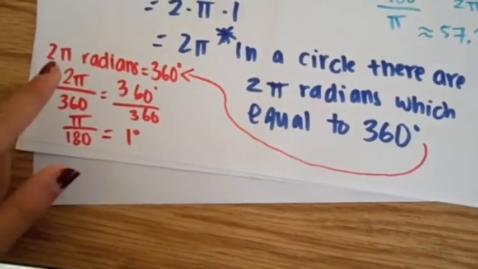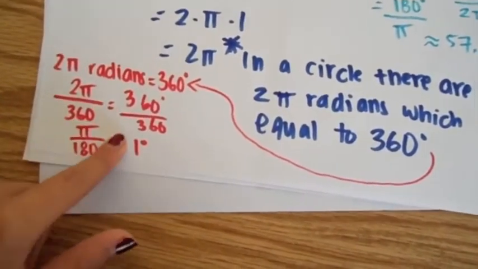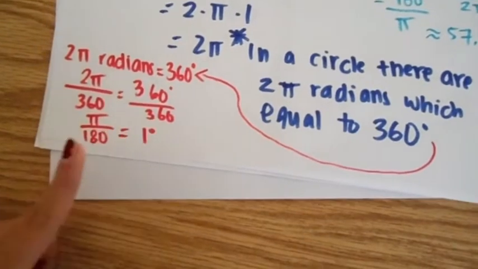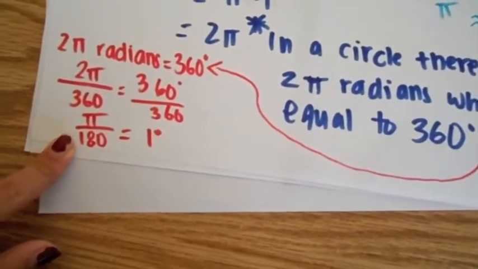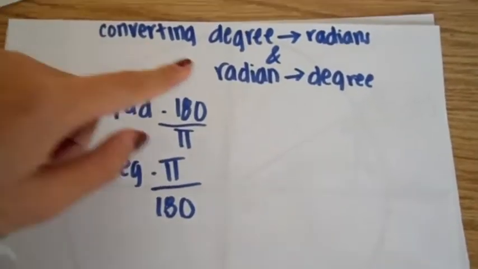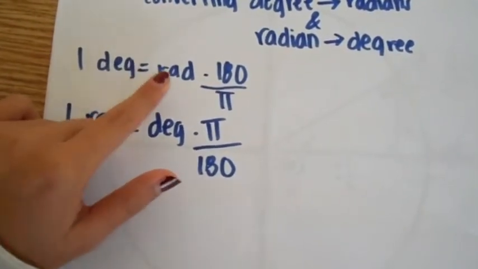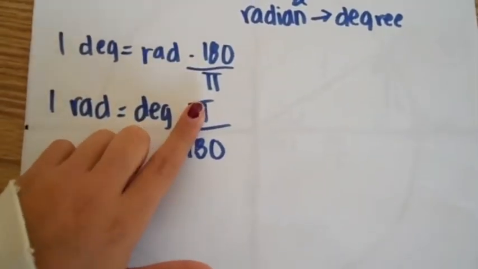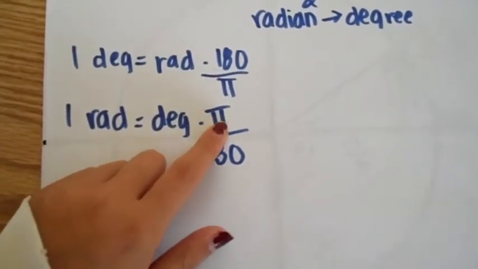To solve for it, you put 2 pi radians equals 360, so pi radians equals 180 degrees. Converting degrees to radians and radians to degrees: 1 degree equals pi over 180 radians, and 1 radian equals 180 over pi degrees.